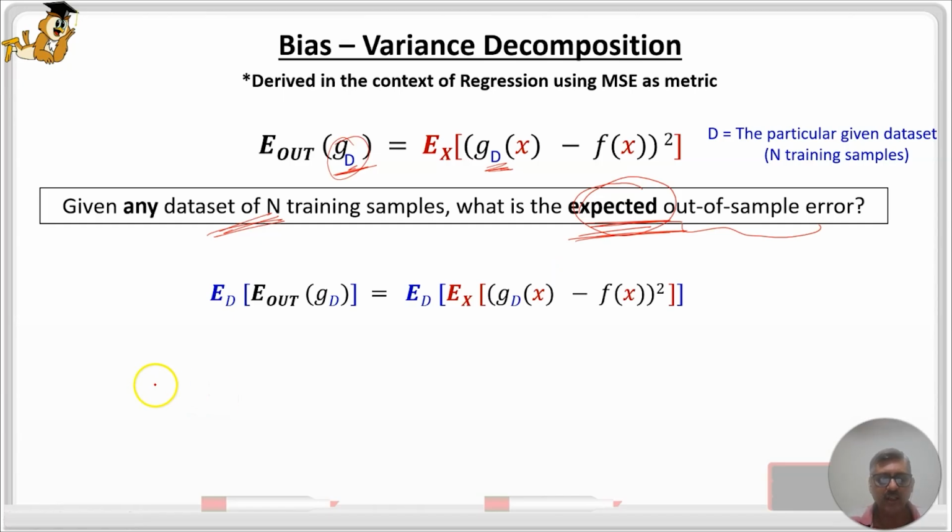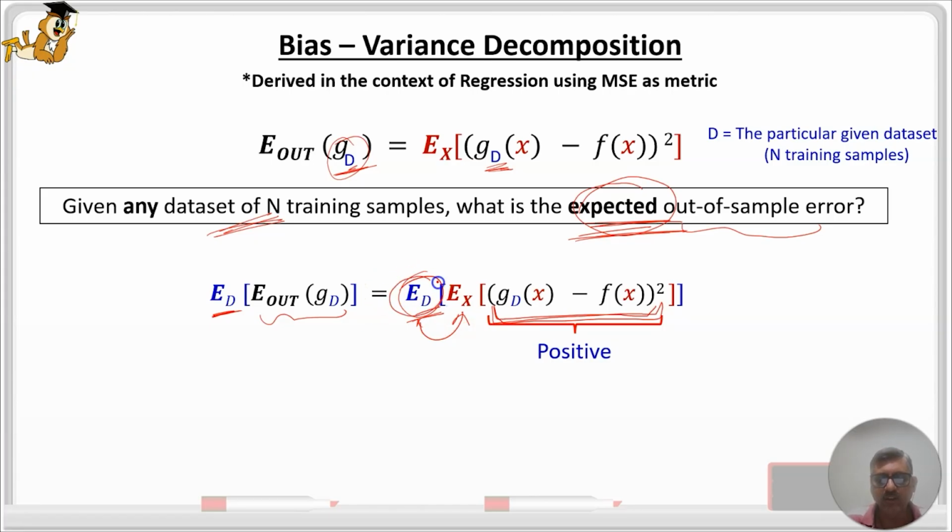So I'm going to take the expected value over D, expected value over all possible data sets, of Eout. And on the right hand side, I have a similar E_D. Take the expected value over all data sets. Now notice that this thing in the bracket is always a positive quantity because it is a perfect square, and therefore the sequence of these two expectations can be interchanged.